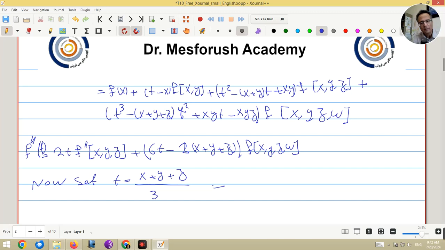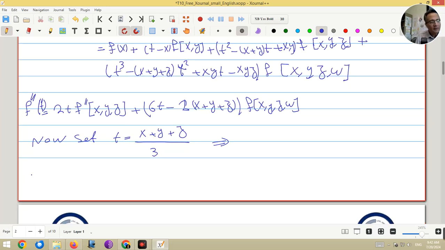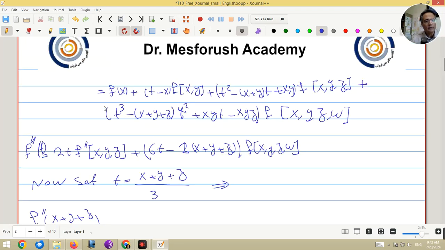Right? So what do we get? We get f double prime at x plus y plus z over 3 is equal to, and this is just 2. Right, okay. F double prime of t is 2f, and now it's correct.